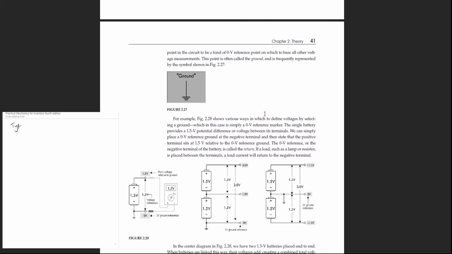Let's just do types of grounds. An earth ground is a rod driven into the earth. How much is 8 feet?